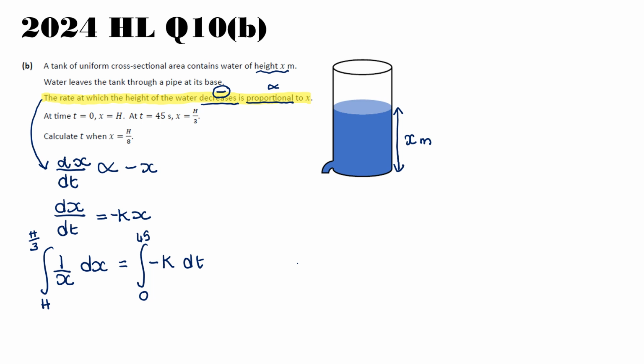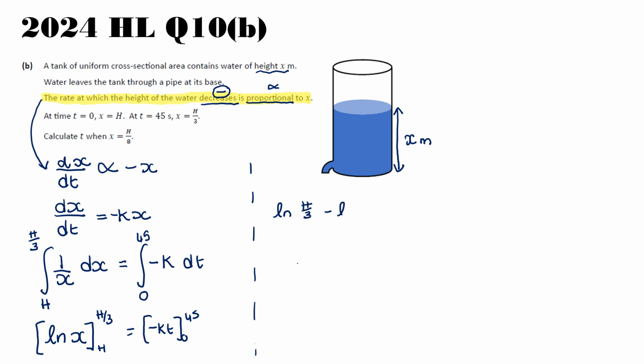and this will effectively get us a value for k. So integrating that left-hand side, that gives us the natural log of x, which we evaluate between h over 3 and h, and then we get minus kt, which is evaluated between 0 and 45. So that is the natural log of h over 3 minus the natural log of h is equal to minus k times 45 minus the minus k times 0.